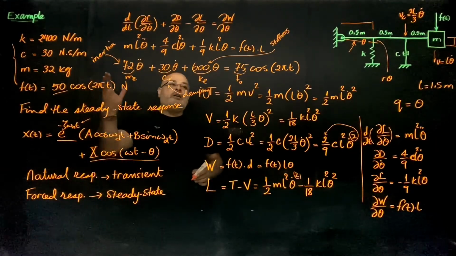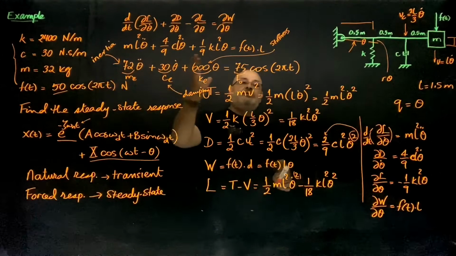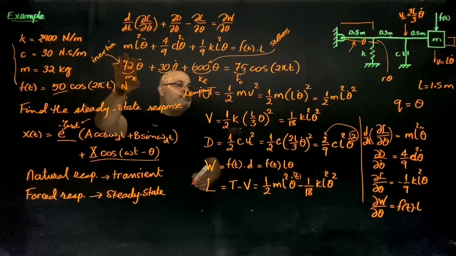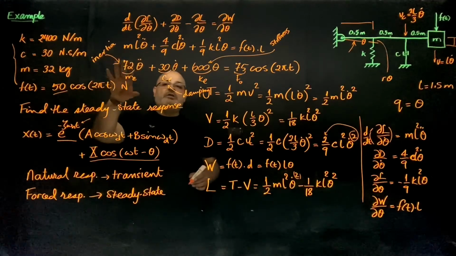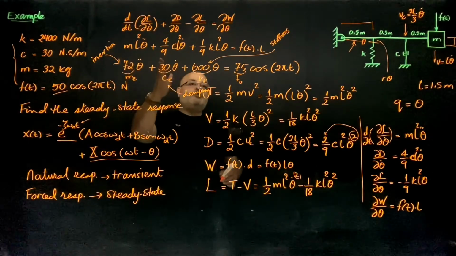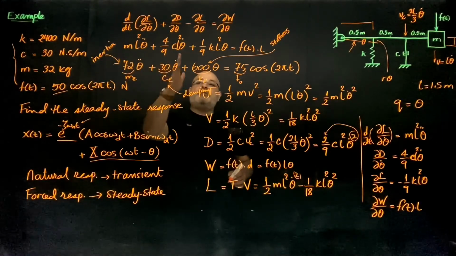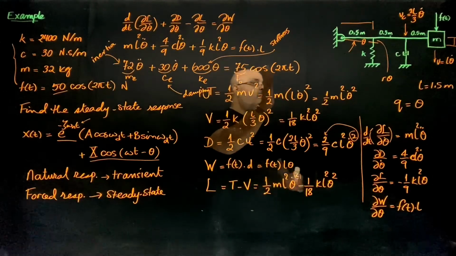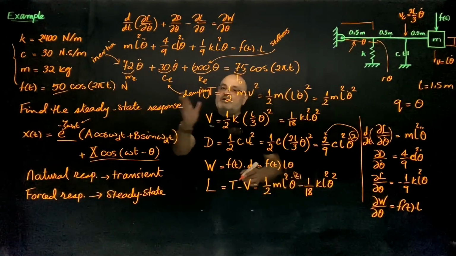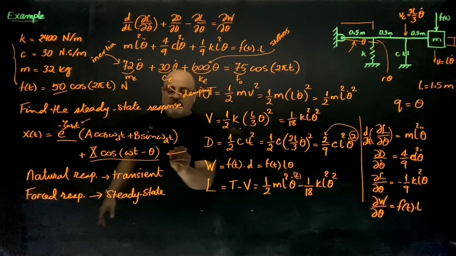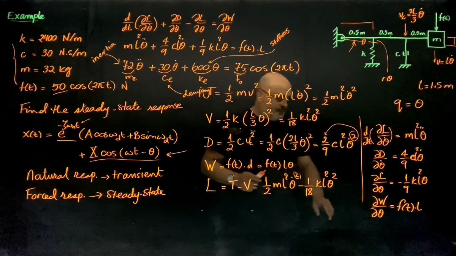So now I can normalize this equation with respect to the mass, to get the mass normalized equation of motion, which is theta double dot plus 2 zeta omega n theta dot plus omega n squared theta equals f0 cosine omega t. Let's proceed and try to find the steady state response.